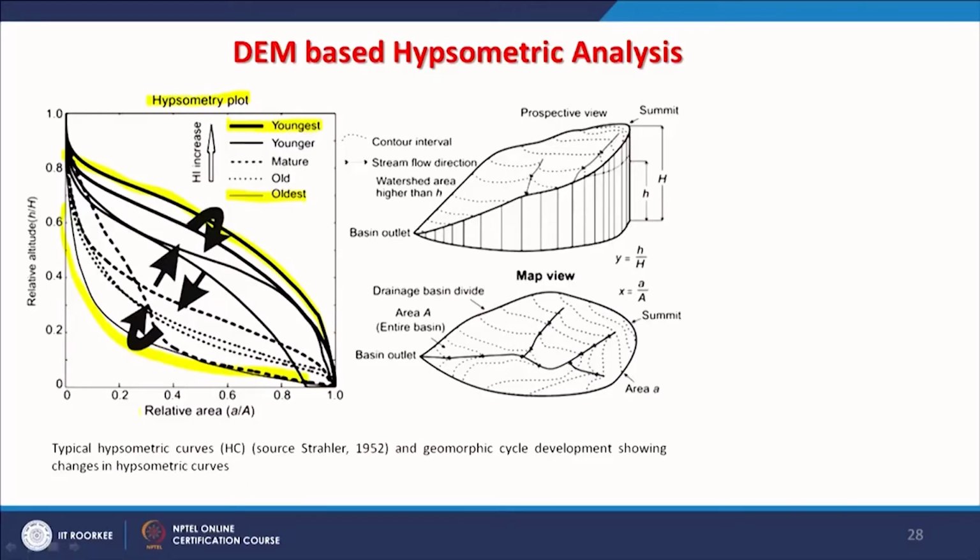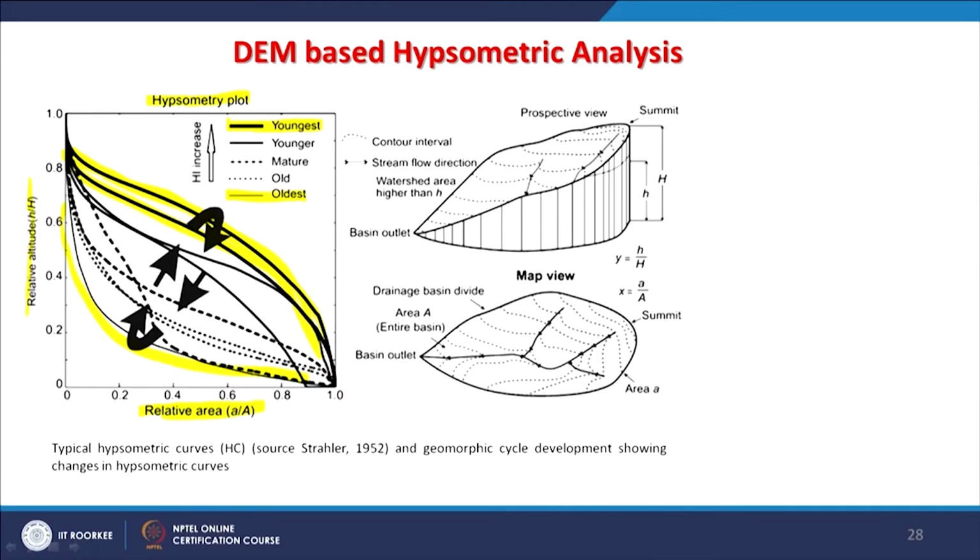Now, these are very useful where a lot of tectonic or erosional activities are taking place, because of these activities our valleys or surfaces or slopes cannot become older, they keep changing. Therefore, if we do the hypsometric analysis, which is basically relative area versus relative altitude, we may get curves like these thick black line curves.